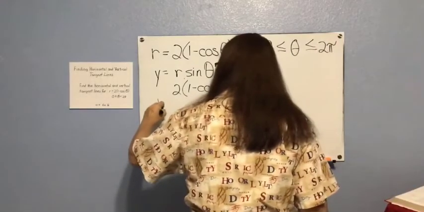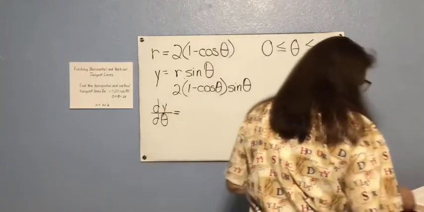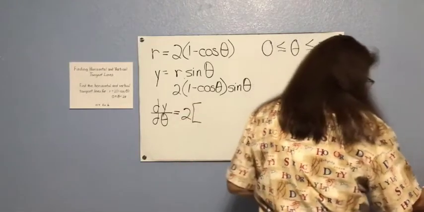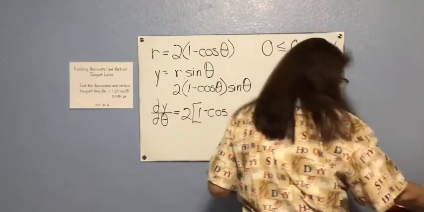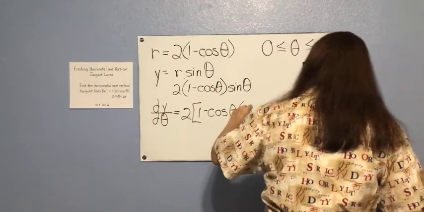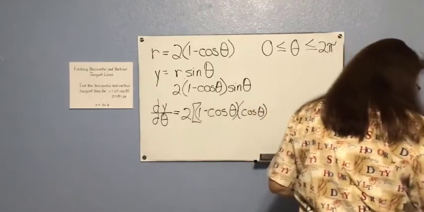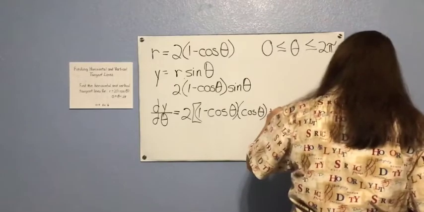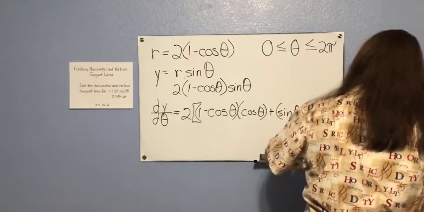Okay, then dy d theta would equal 2 times 1 minus cosine theta times cosine theta, plus sine theta times sine theta.